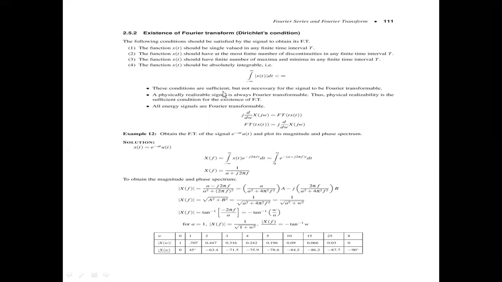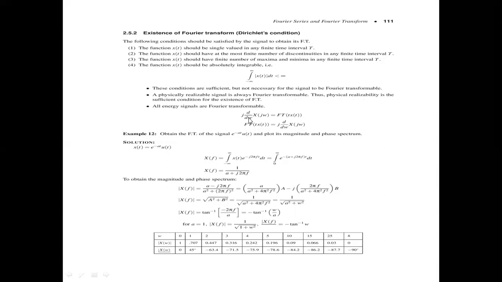These conditions are sufficient but not necessary for the signal to be Fourier transformable. A physically realizable signal is always Fourier transformable. Thus, physical realizability is the sufficient condition for the existence of the Fourier transform. All energy signals are Fourier transformable.